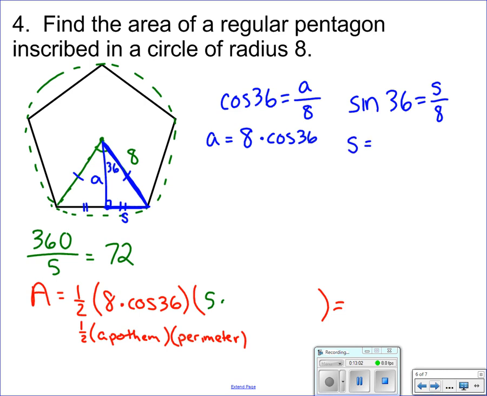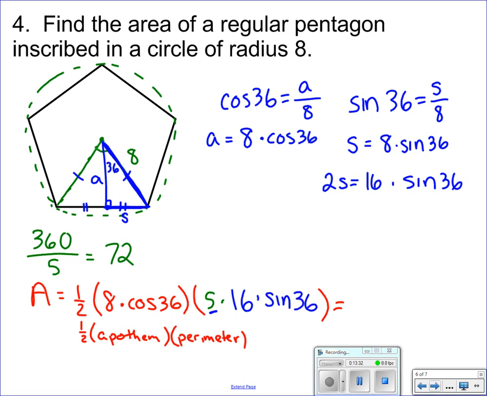So S, half the side length, is 8 times the sine of 36. So twice S, or the entire side length, is going to be 16 times the sine of 36. Since there's 5 sides, I have to multiply by 5, so it's 5 times 16 times the sine of 36.